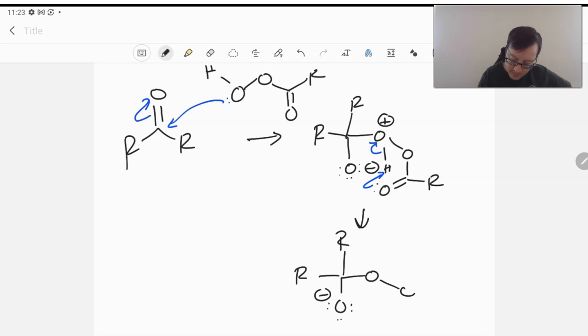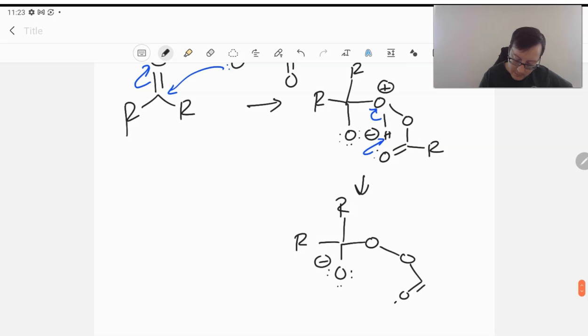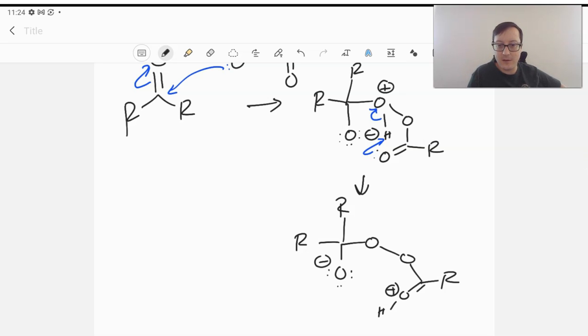We have the rest of the oxygens, and we have now our protonated carboxylic acid carbonyl. And this is where the weird stuff happens.